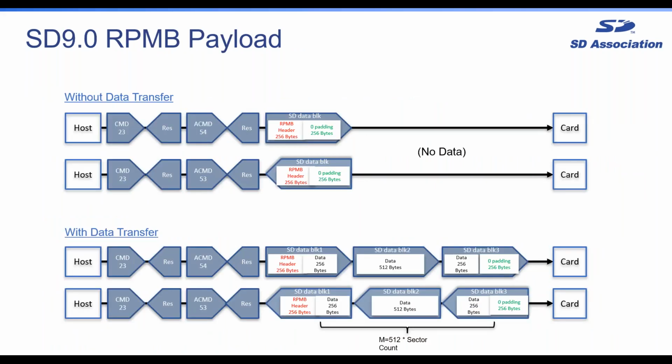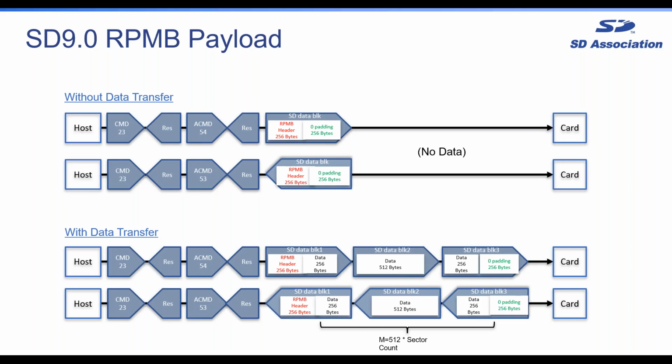So the new RPMB data transfer sequence can be used both to set the management of the RPMB and for data transfer. The first diagram shows RPMB transfer without the data transfer, just the header and settings. And it uses the new A command 53 and 54.